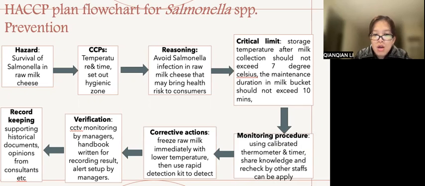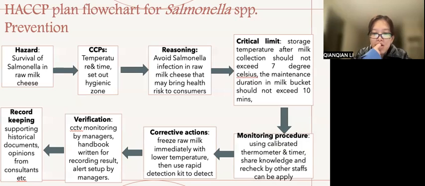Following on is the corrective actions. It happens when the critical control points or the critical limits are exceeded. So what can the company, Honeycomb, do to correct the CCP again?